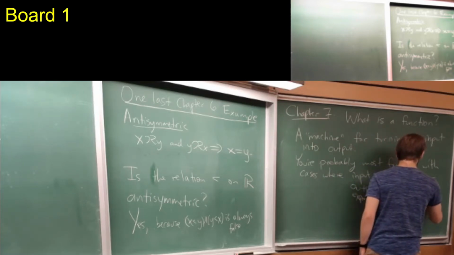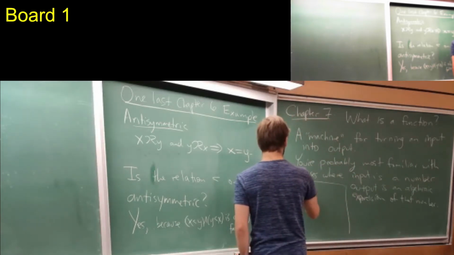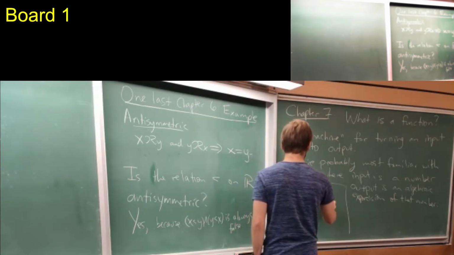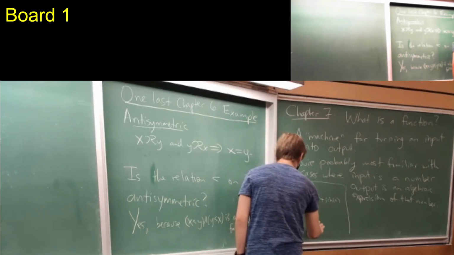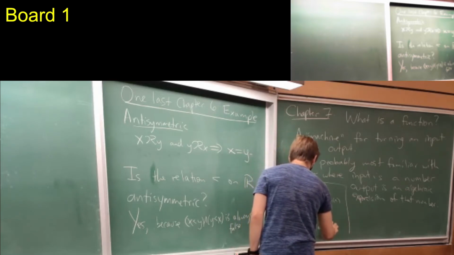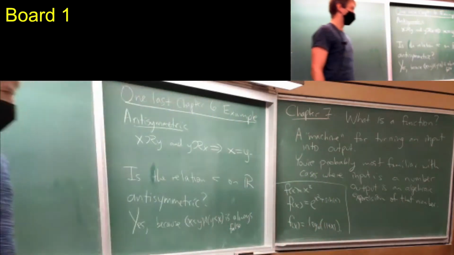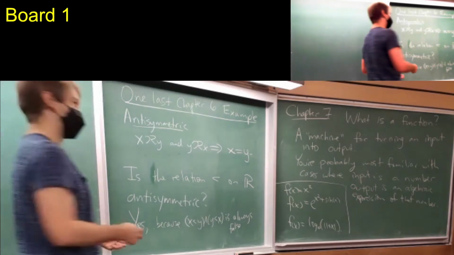So things like f of x is x squared, or even more complicated things like e to the x squared plus sine x, or f of x equals log base 10 of the absolute value of 1 plus x. I mean, these are just random functions, more or less. I don't know, am I sort of right that this is the sort of thing that you're pretty used to? Yeah.